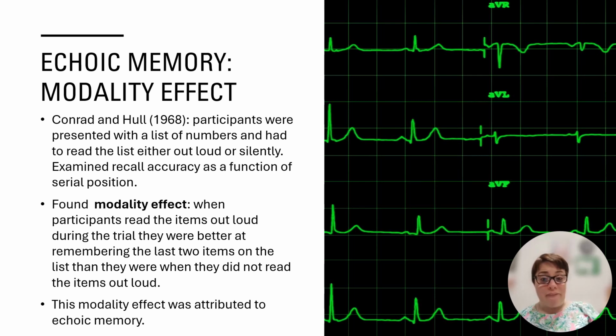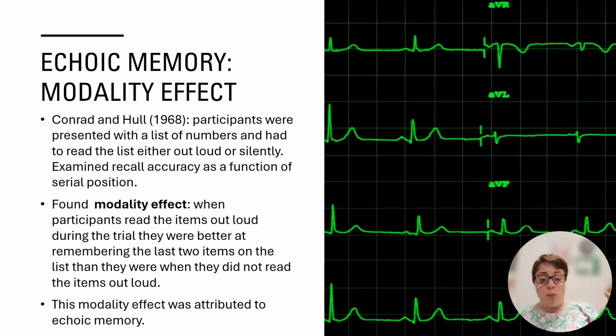So this modality effect was attributed to echoic memory, and Morton, Crowder, and Presson in 1971 explored echoic memory by looking at the impact of adding a suffix to auditory stimuli, and then they plotted the accuracy of recall as a function of serial position. And in one condition, they added a buzzer sound as a suffix, and in the other condition, they added a speech sound as a suffix.